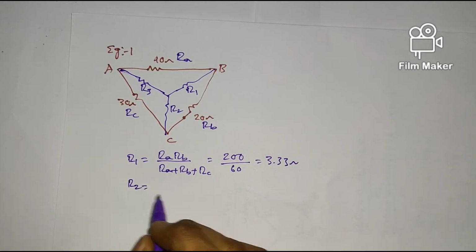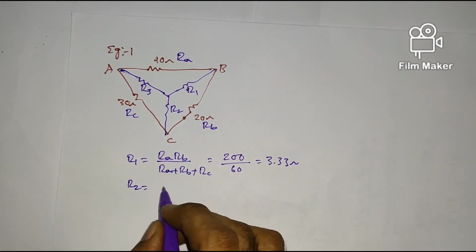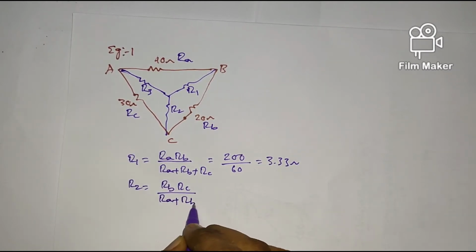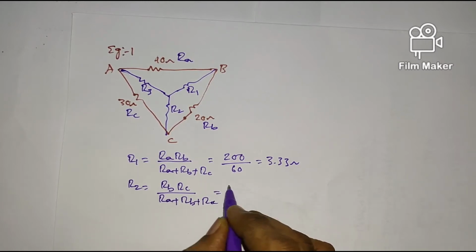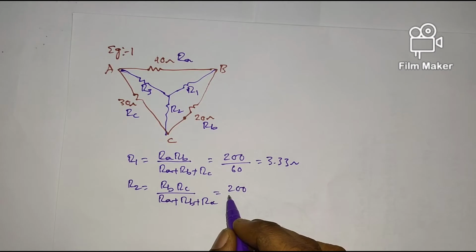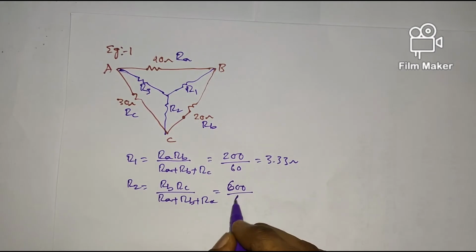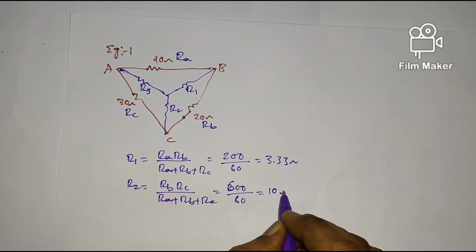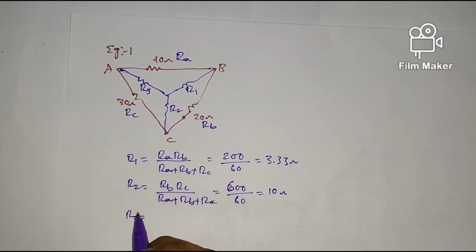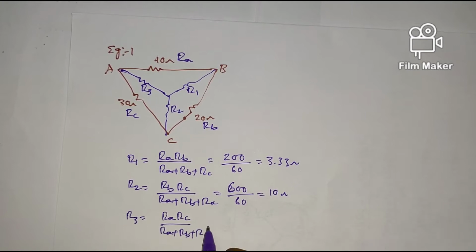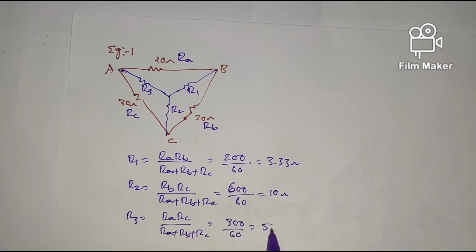Similarly, R2 is equal to RB into RC divided by RA plus RB plus RC, that is equal to 600 divided by 60, that is equal to 10 ohms. R3 is equal to RA into RC divided by RA plus RB plus RC, that is equal to 300 by 60, which is equal to 5 ohms.